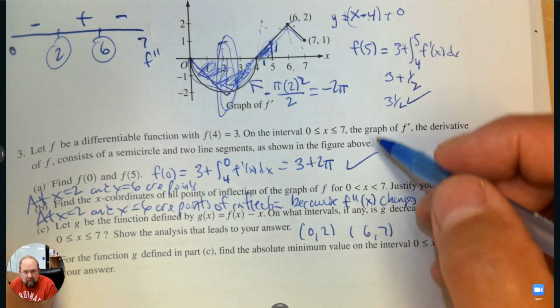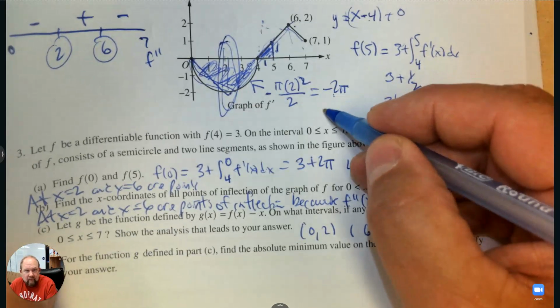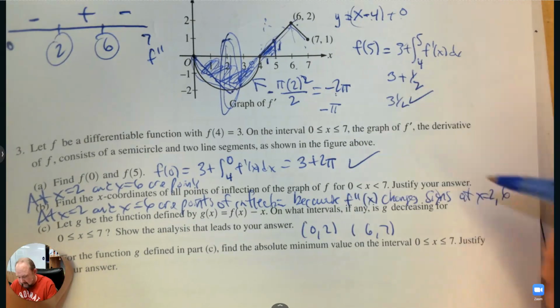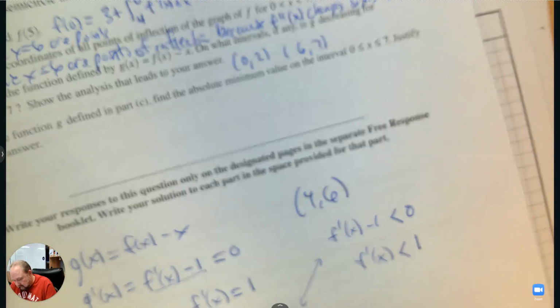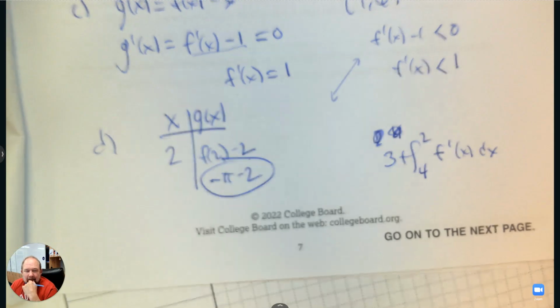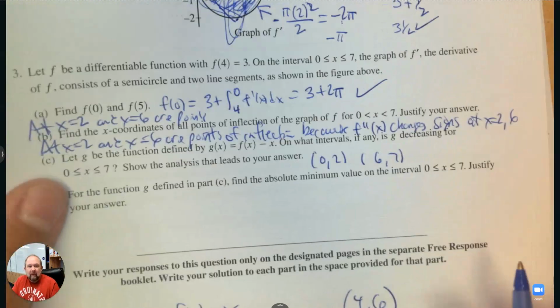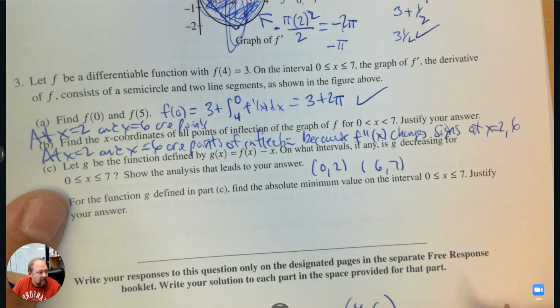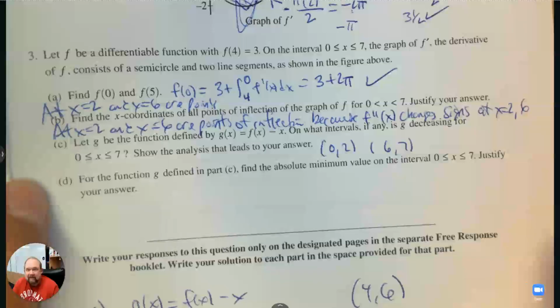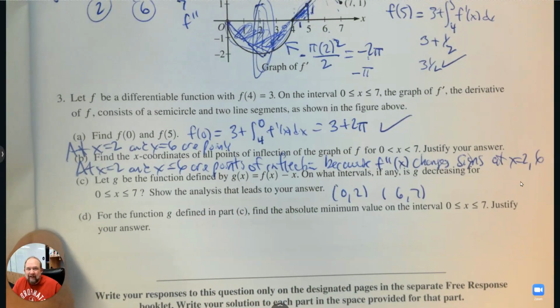So that's a quarter of a circle. So instead of negative 2 pi, half of that would be negative pi minus 2. And so negative pi minus 2 would be the lowest value there of the graph. All right. Mr. G Math over and out.